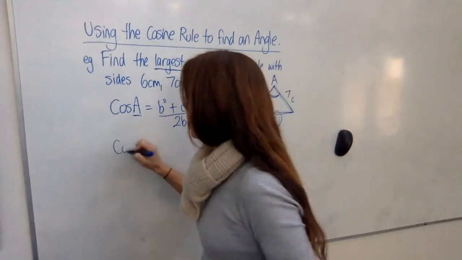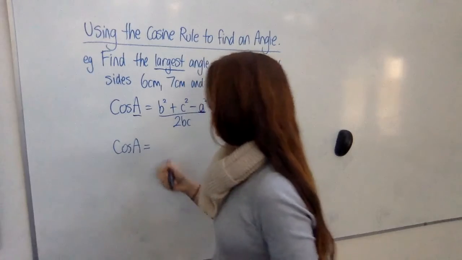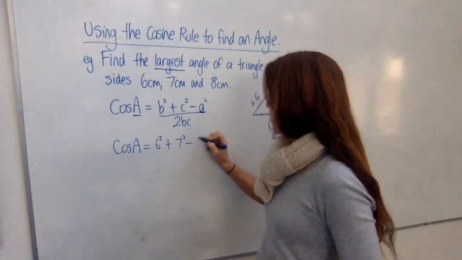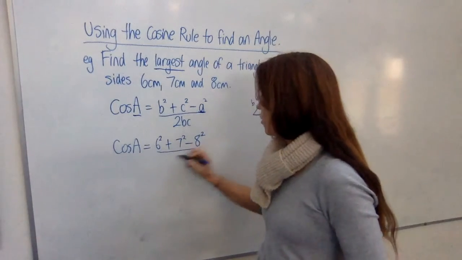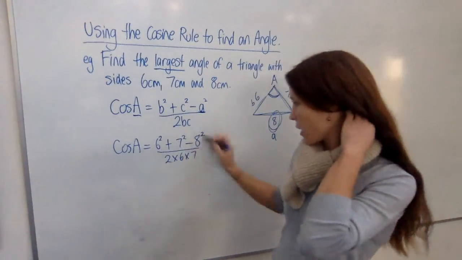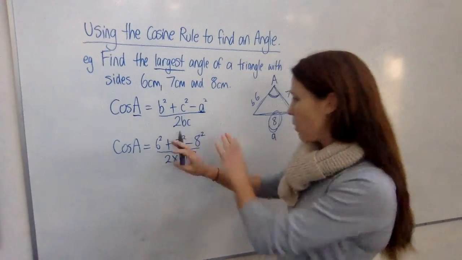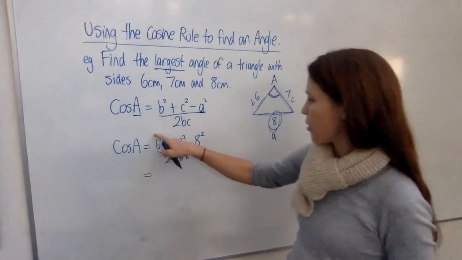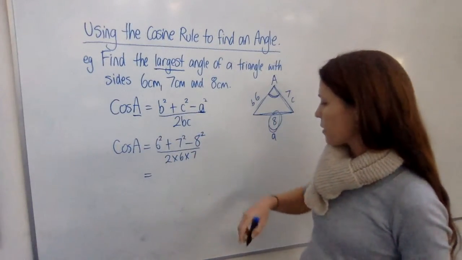So we know that cos of A is 6 squared plus 7 squared minus 8 squared, all over 2 times 6 times 7. Now you can take your calculator out and see what that comes to, plug it all in and you'll get a quarter. Or if you're good with doing this in your head, you'll go 36 plus 49 minus 64.